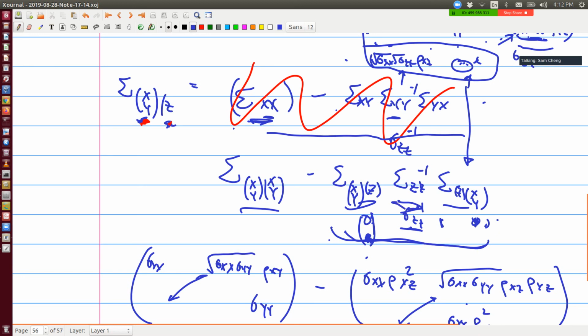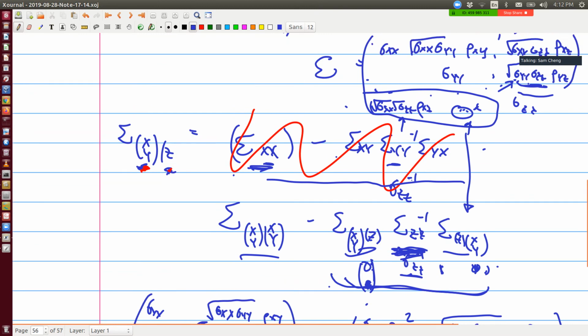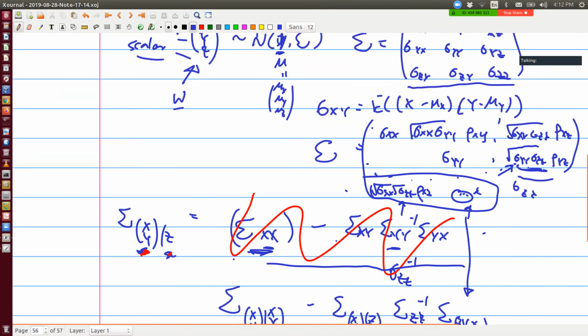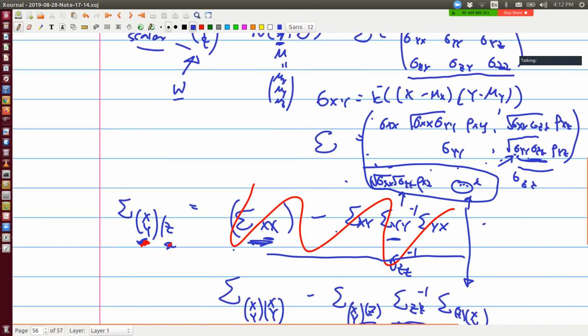If this is your observation and you only have a few samples, the matrix size here will not be too big. If ZZ here is only one dimension, so if you only observe one sample, then yeah, you can do that also.